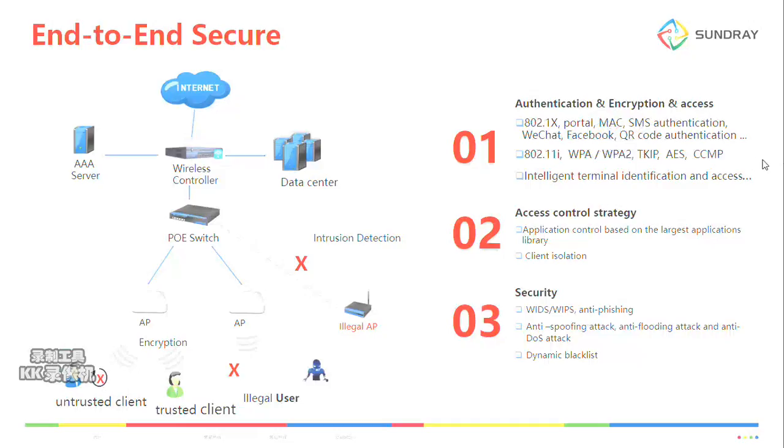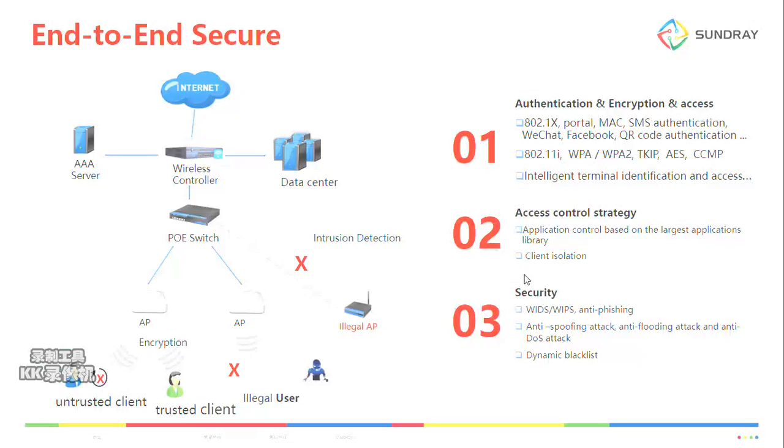And the next is WPA2 enterprise, also the encryption, and also we can intelligently identify the terminal types, like iOS devices or Android devices, so we can set a policy to allow or deny access. And second, we have a built-in application URL database, so we can do granular access control for the clients.